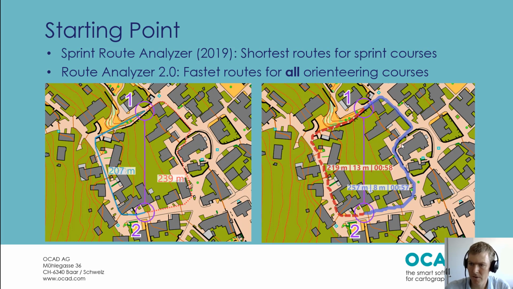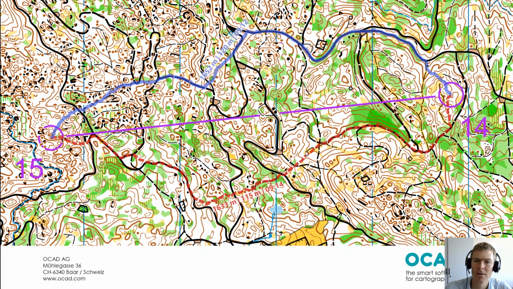And very important, the Route Analyzer 2.0 is now not only available for urban sprint orienteering as the previous version, but now you can use it for all orienteering courses, and especially, of course, also for forest orienteering.